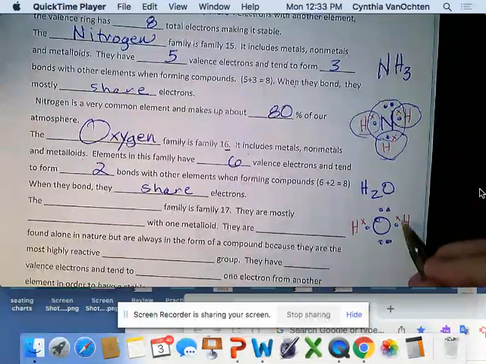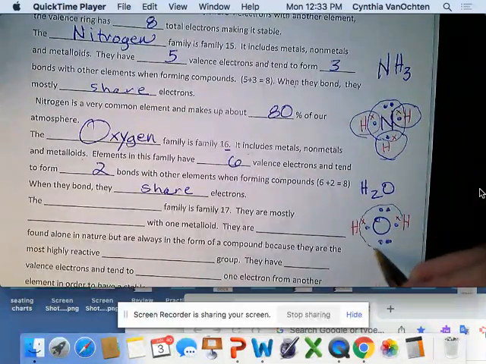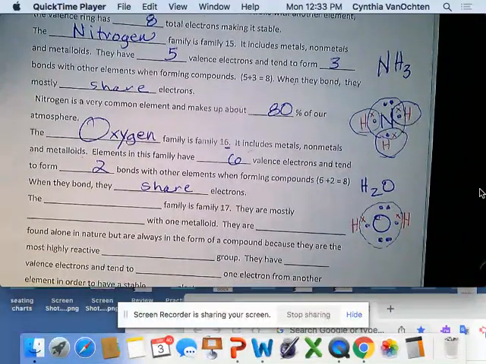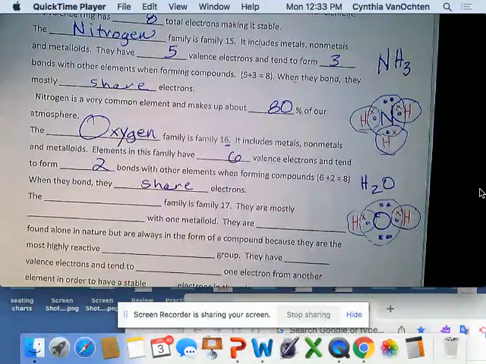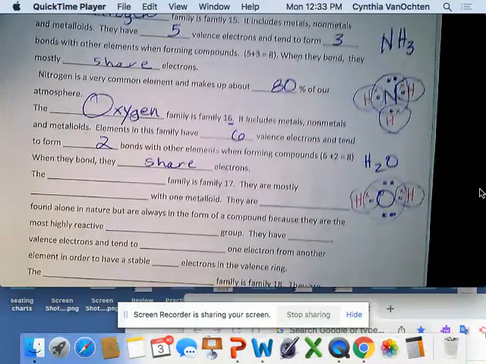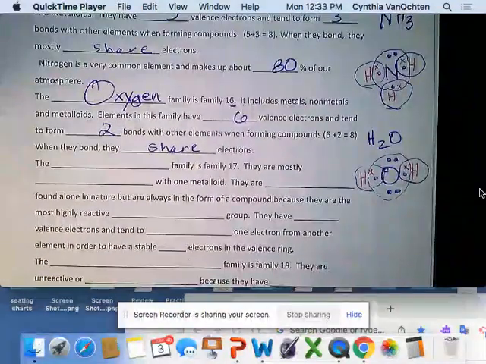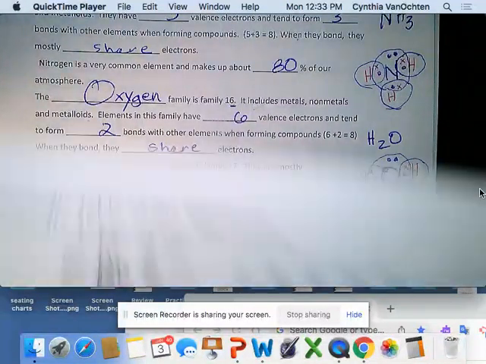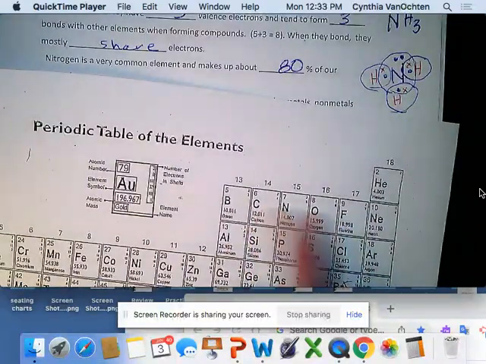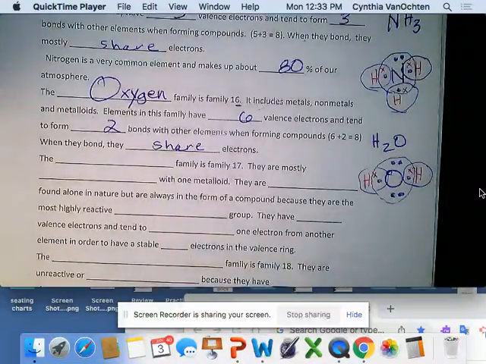So again, you can see why that compound works, because when oxygen hogs the electrons, it has 8. And when the hydrogens hog them, they have 2 in their valence ring. And remember, the first ring can only hold 2. Okay? Then lastly, in summary, with these 3 families, they tend to share to get up to 8 electrons in that outer ring.